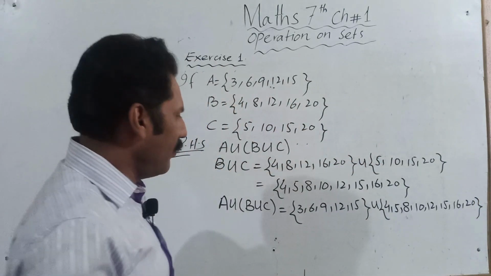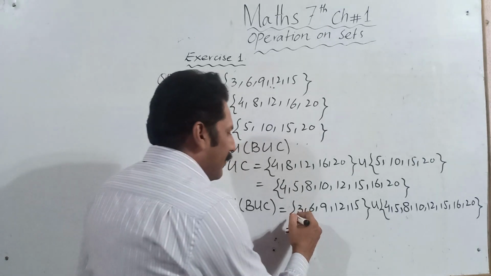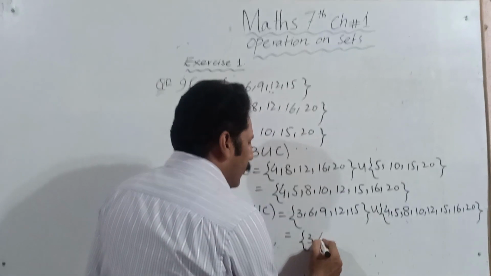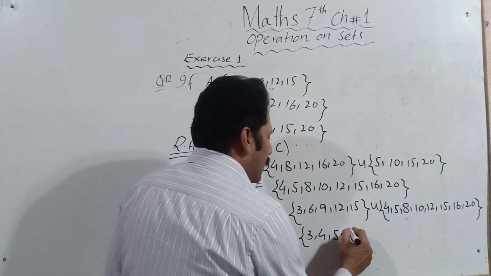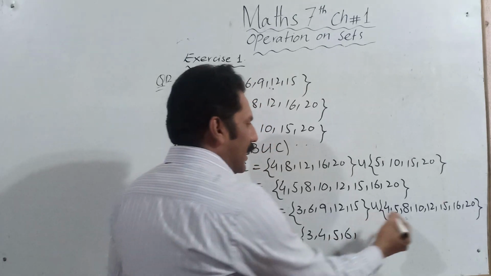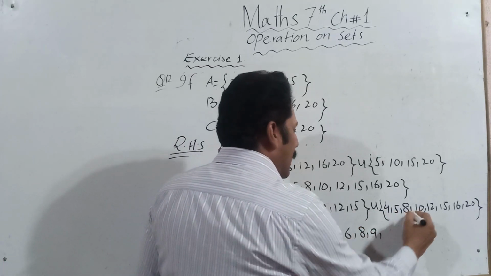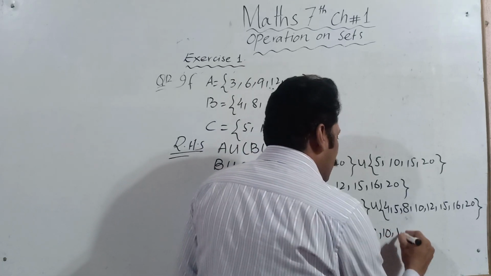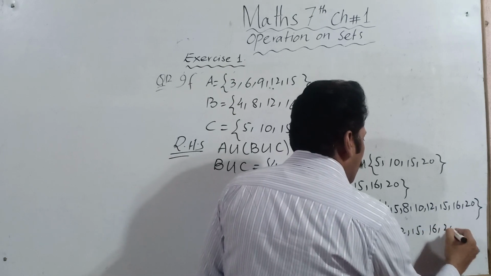Okay, now we will combine these two sets. I will write first 3, then 4, after that 5, then 6, then 8 and 9, then 10, then 12, 15, then 16 and 20.